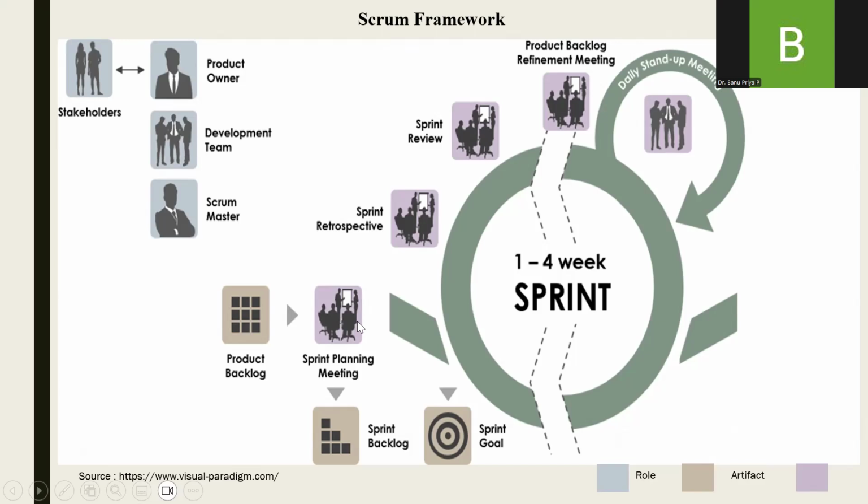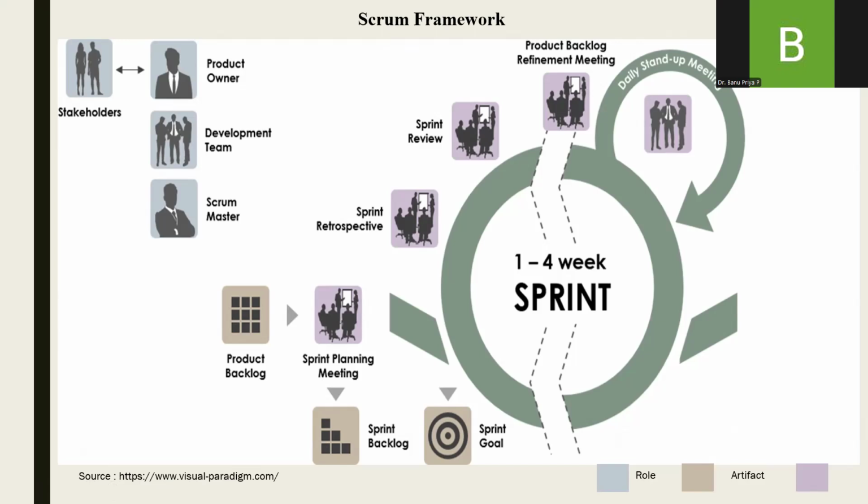Accordingly, the sprint planning meeting will happen and the sprint backlog will be set up. The sprint backlog has sprint 1, sprint 2. Each sprint will have several user stories. And a sprint is nothing but 1 to 4 weeks.